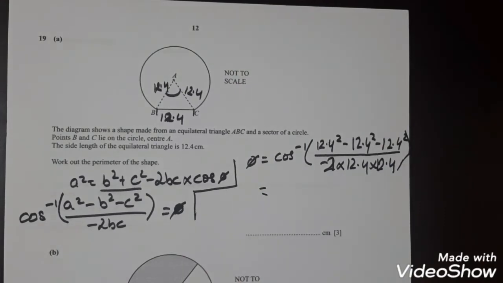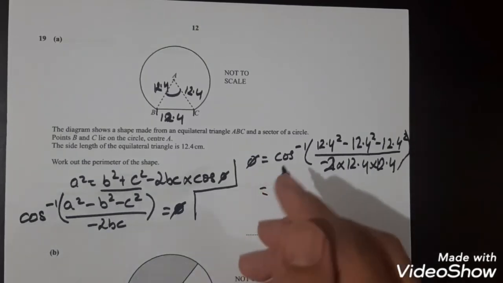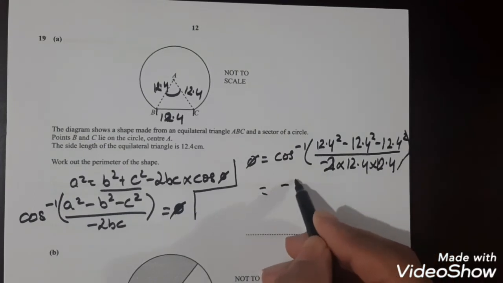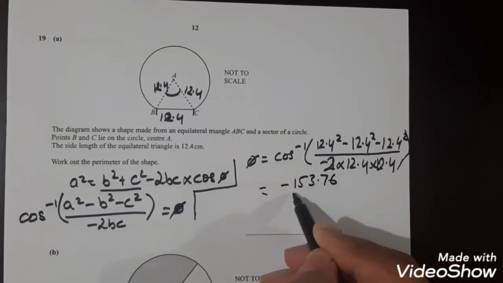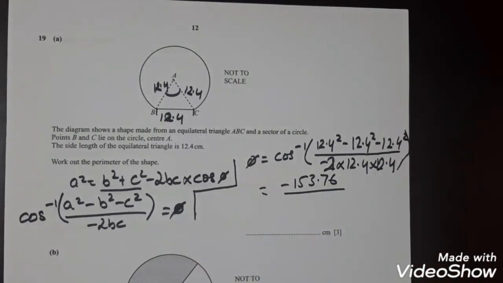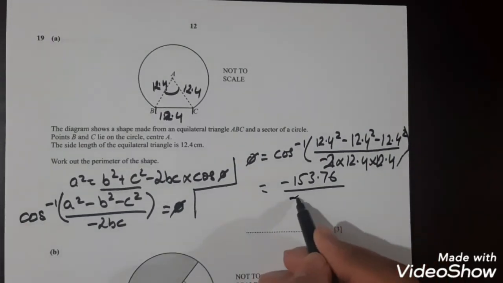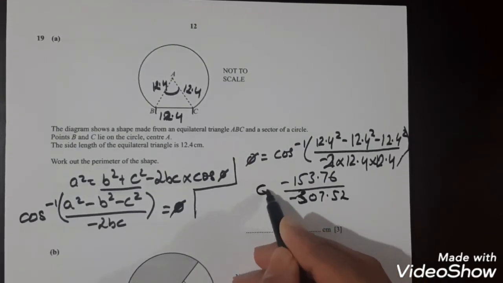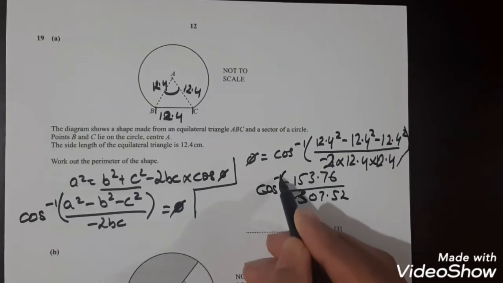So 12.4 squared minus 12.4 squared minus 12.4 squared, which will be minus 153.76, divided by minus 2 multiplied by 12.4 multiplied by 12.4, which is minus 307.52, and here we write cos inverse.